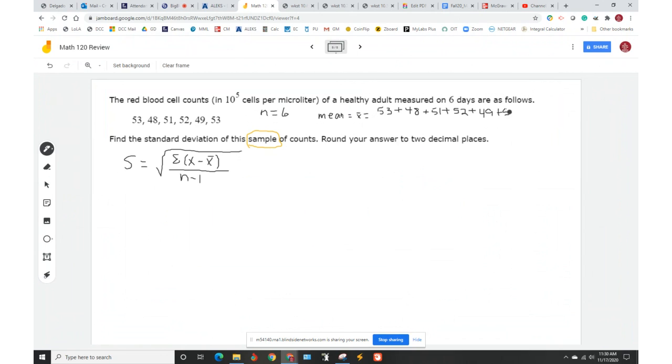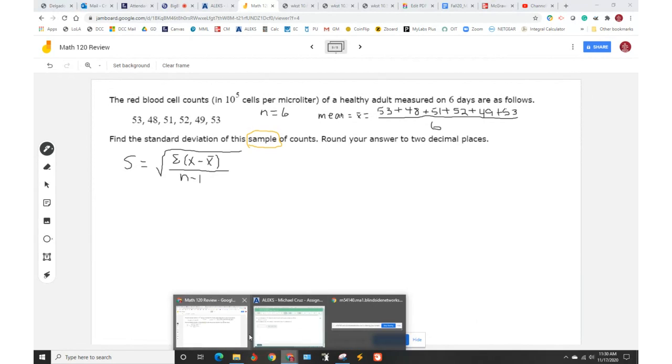Okay, so let's make sure I got them right. 53 plus 48 plus 51 plus 52 plus 49 plus 53. So what do those add up to? I'm going to just try to have it using this little calculator.